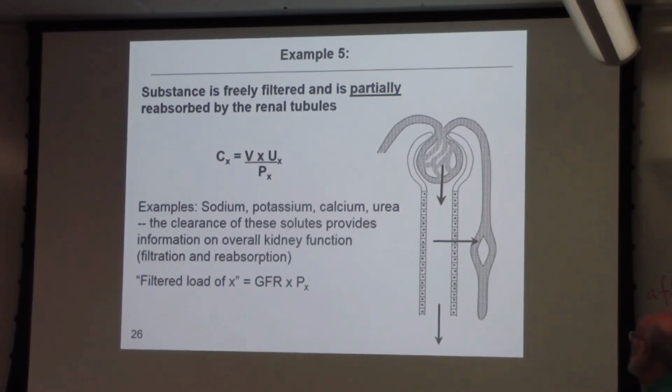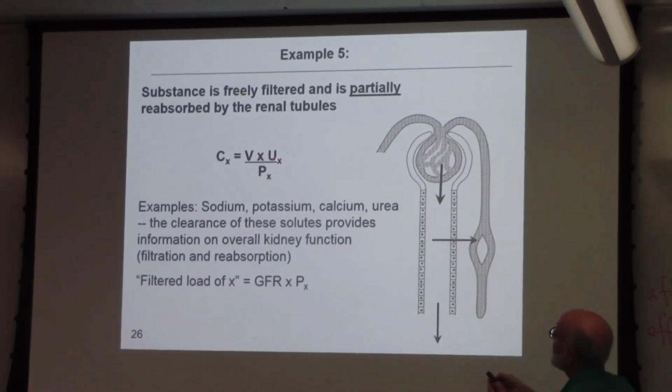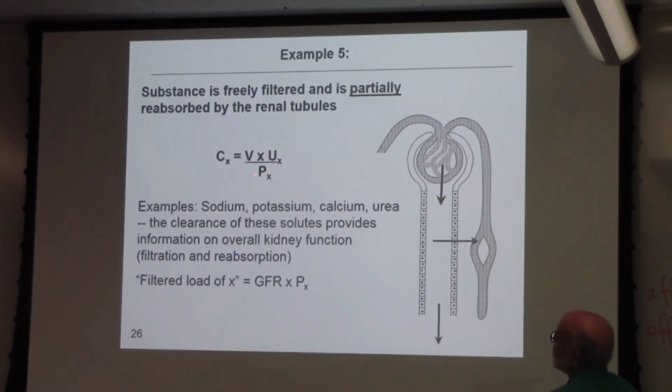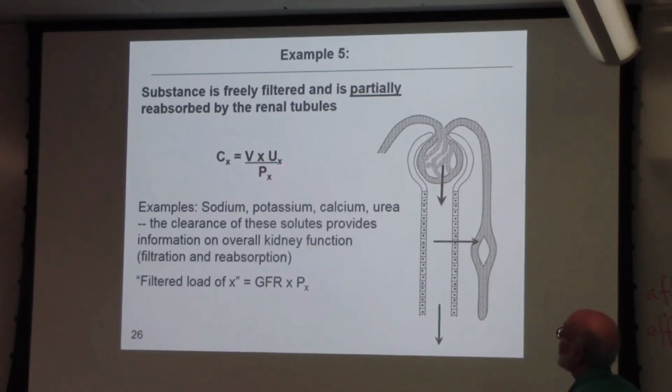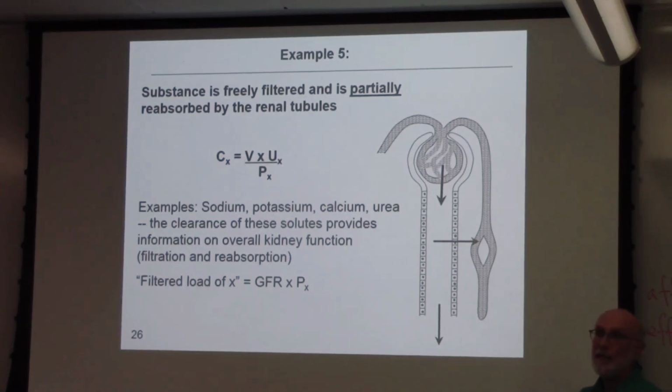Less, because some of it is reabsorbed. So some of it is not here. So the urinary concentration of that stuff is lower than if it were not processed. And so the numerator here is smaller. We don't have any information about the denominator, but the clearance of sodium is less than the clearance of creatinine. It's less than GFR.